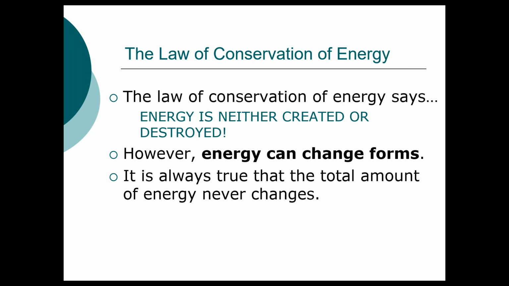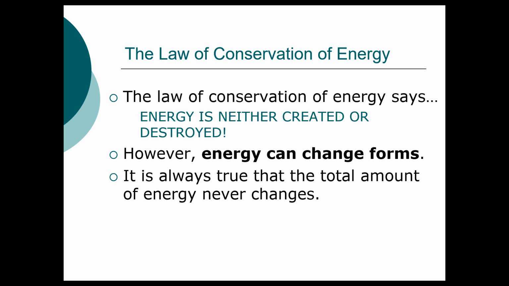Okay, so something important for you to know, you need to be able to identify forms of energy. Remember, objects can possess more than one energy at a time as well. But you need to understand an important principle of physics, and that's the law of conservation of energy.